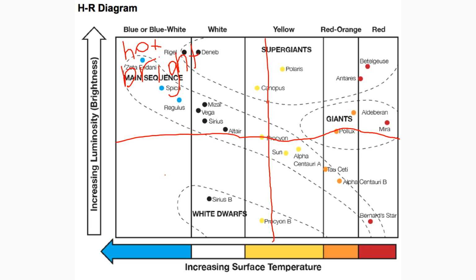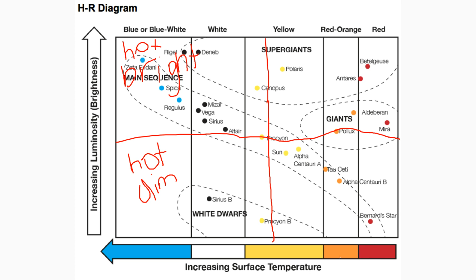To this side. So these stars, of course, are going to be hot. They're on the left side, but they're not going to be bright because they're at the bottom. So these are going to be hot and dim. On this side, these are going to be our cool stars, but they're also going to be bright because they're at the top.